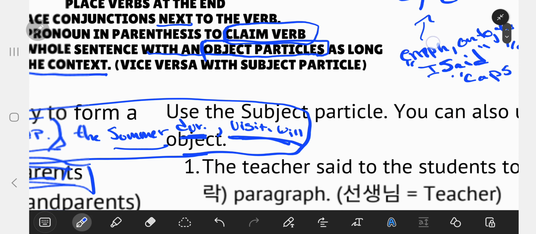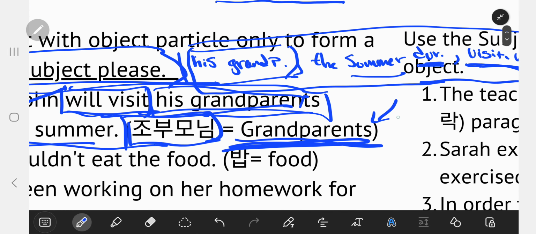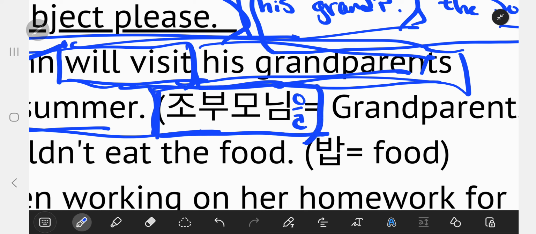So if you attach the object particle onto grandparents, let me just put it here. 조부모님을 만날 거예요. Now you get to do two things. You get to say the whole sentence without even mentioning the subject, because we already know this is the object. So when you say this, you don't even have to mention the subject, and you get to emphasize the object at the same time.